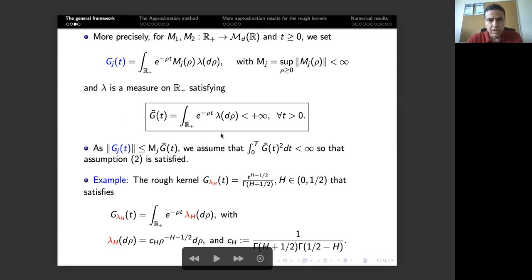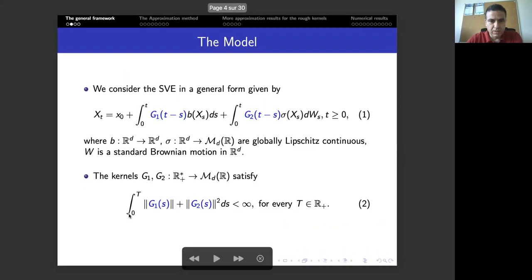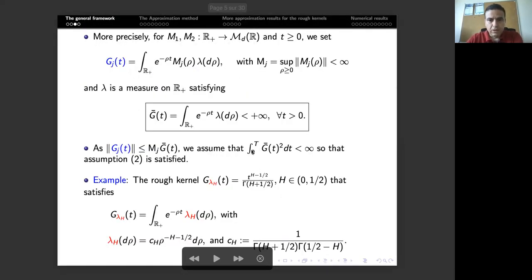Then we need to assume that G bar has finite second order integral, so that our previous assumption is satisfied. Let me recall our previous assumption: both kernels are uniformly integrable with respect to time. So then here, of course, we will assume this assumption.